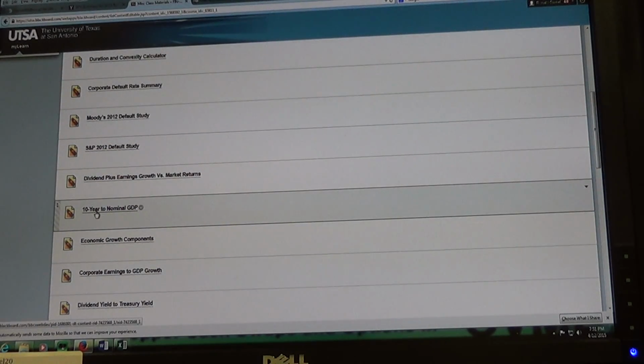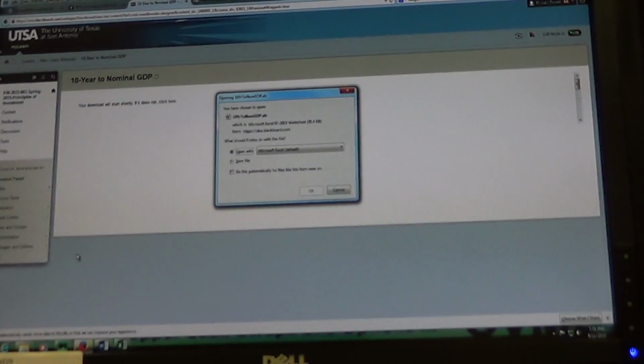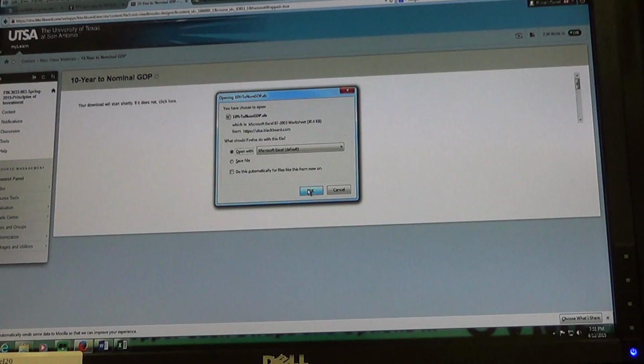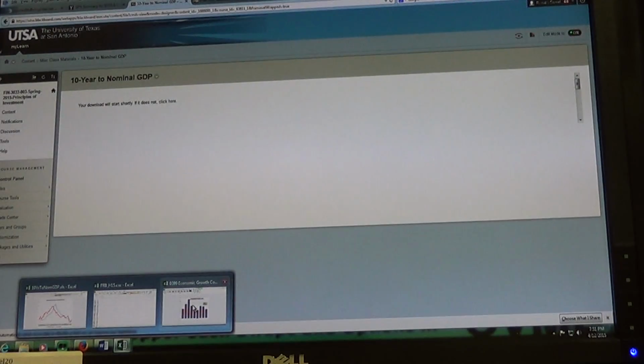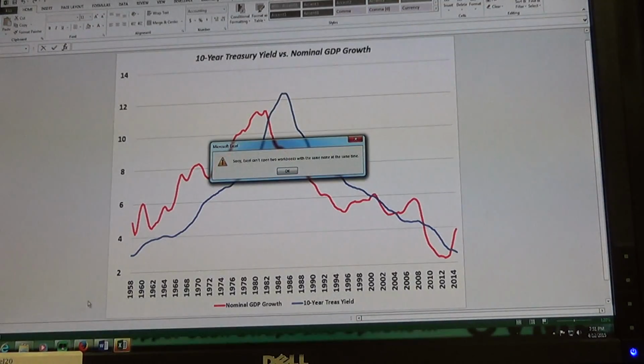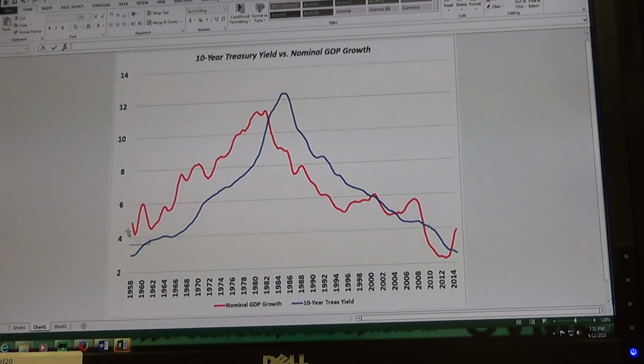It's a chart called Tenure to Nominal GDP. If you look at this chart, you'll see what the 10-year Treasury has actually been historically versus nominal GDP. And here it is. So you see there's nominal GDP.